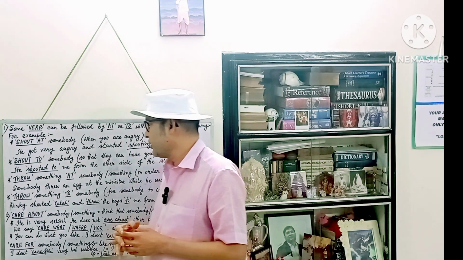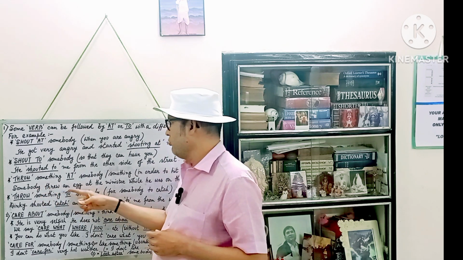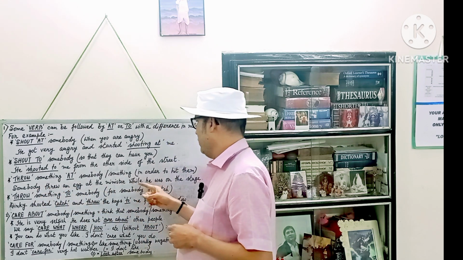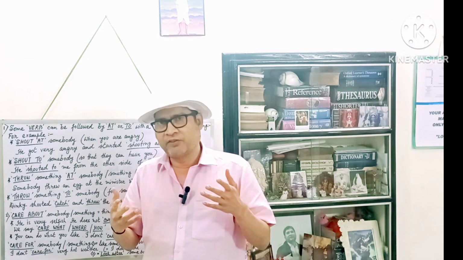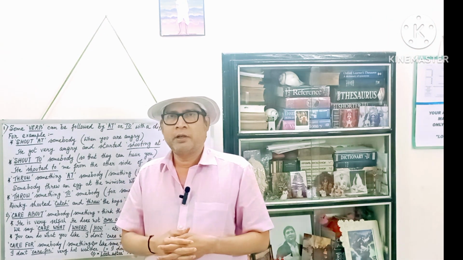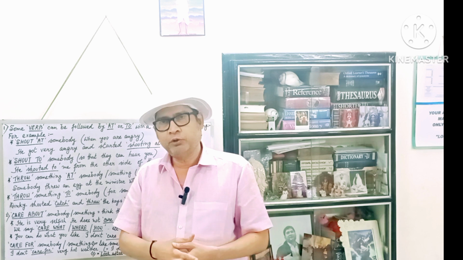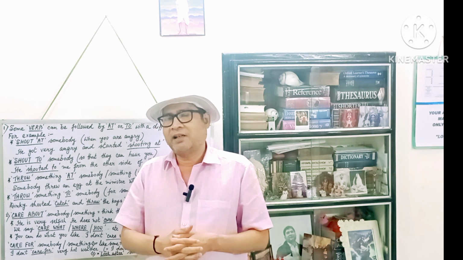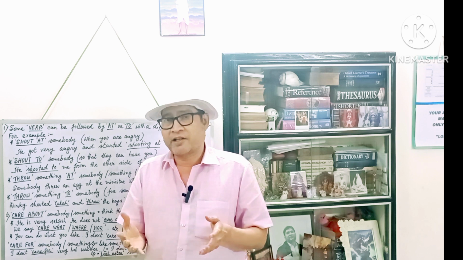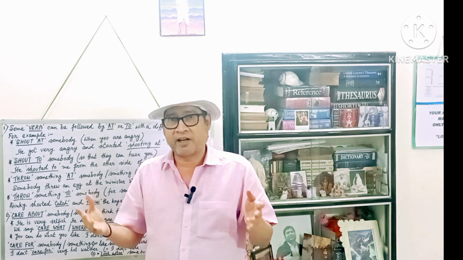Let's see the example sentence here. Somebody threw an egg at the minister while he was on the stage. The minister is speaking from the stage, from the podium. In the auditorium, there are people. Now, a certain person, a certain viewer, suddenly gets angry, maybe at something he has said, something the minister has said.